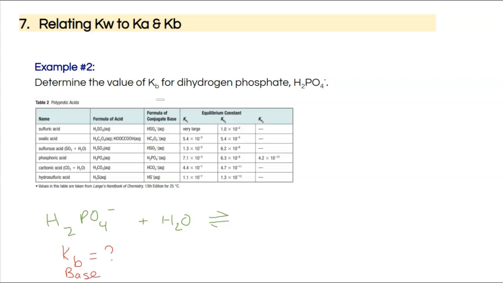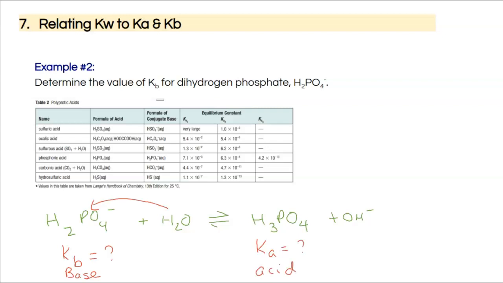And if it's acting as a base, then it's going to be accepting a proton from water, and it's going to become H3PO4. And that's going to liberate some hydroxide ions. And so the Ka value that I'm looking for is the Ka value for its conjugate acid.